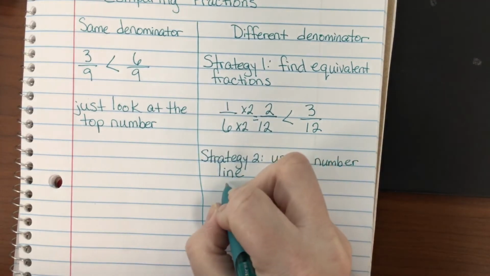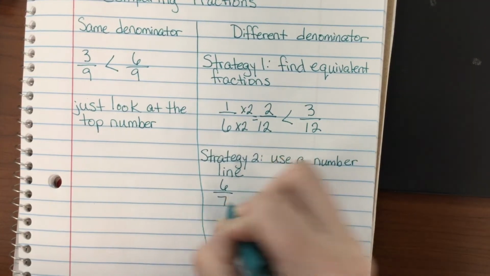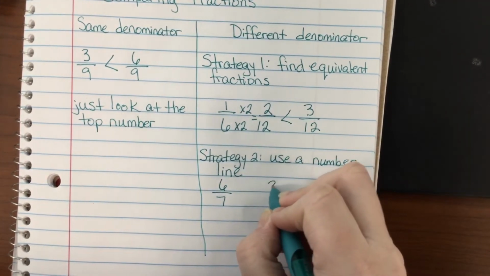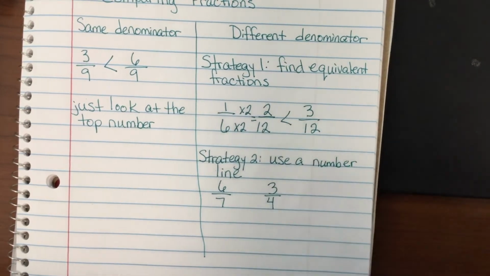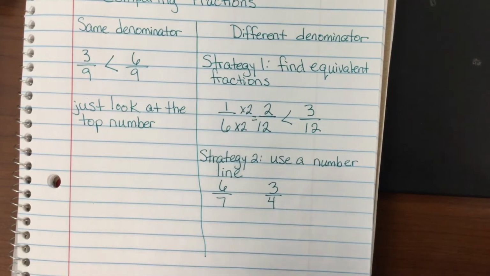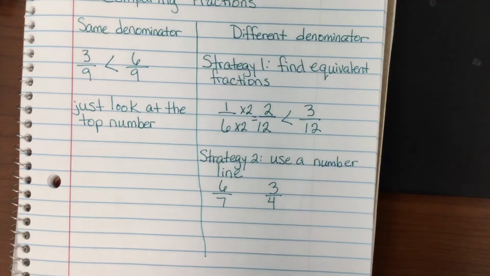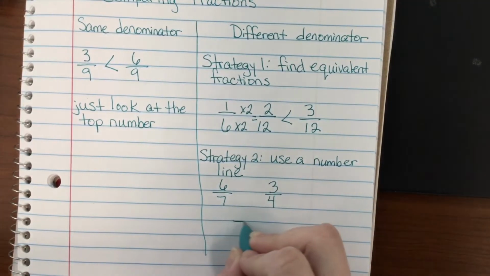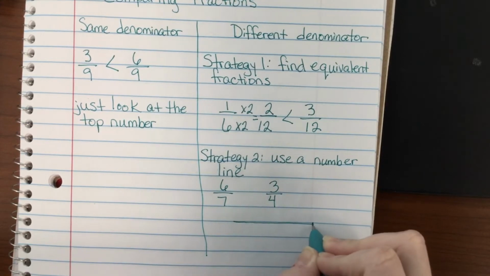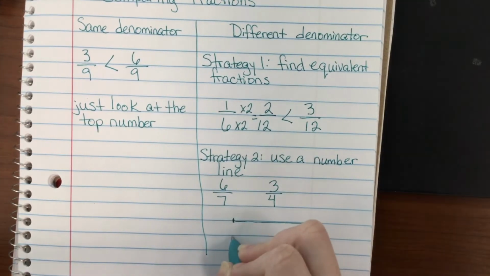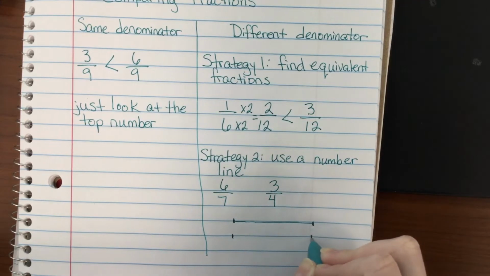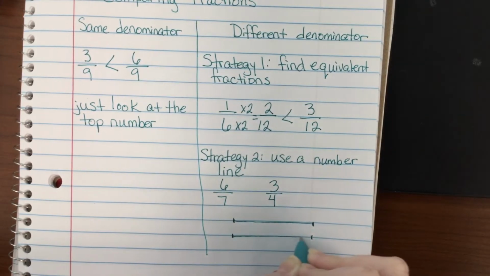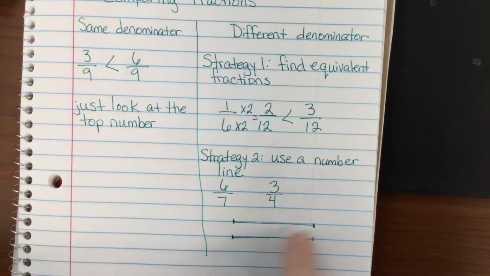These are a little trickier, but you'll see these a lot more often, I think. So we have 6/7 compared to 3/4. So I'm going to draw 2 number lines, and I want my number lines to be the same length. Like they're the same length.